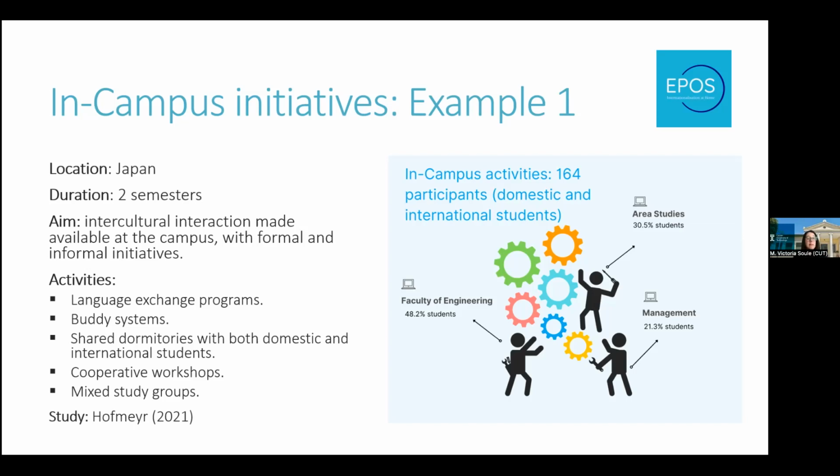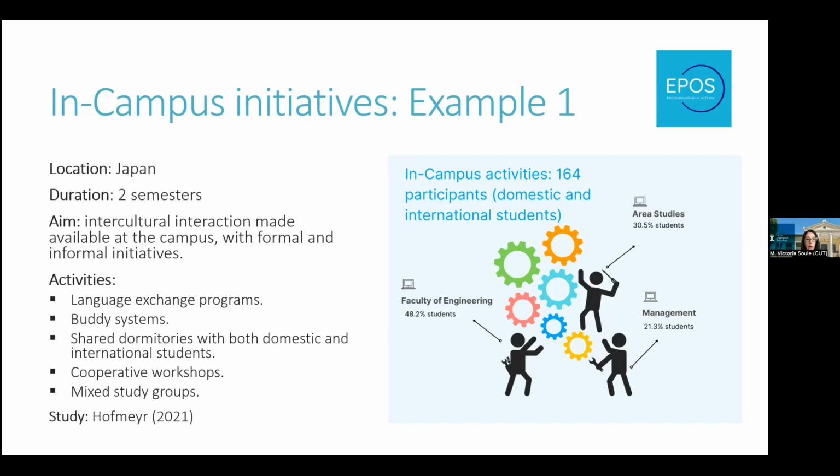This initiative lasted for 2 semesters and included formal and informal activities, such as language exchange programs, buddy systems, shared dormitories with both domestic and international students, cooperative workshops, and mixed study groups.